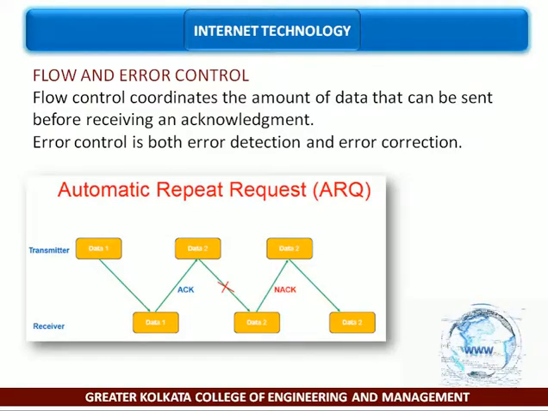Even such a basic arrangement requires a great deal of coordination for an intelligible exchange to occur. The most important responsibilities of the data link layer are flow control and error control.